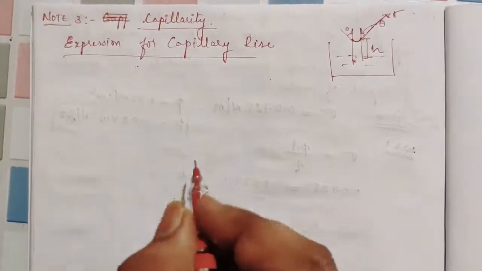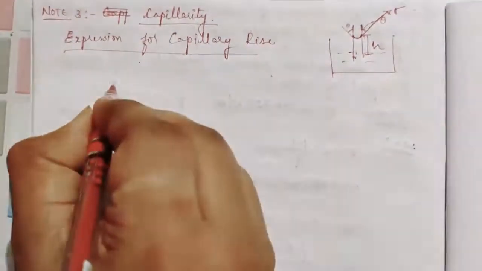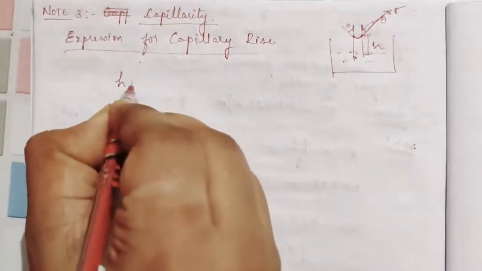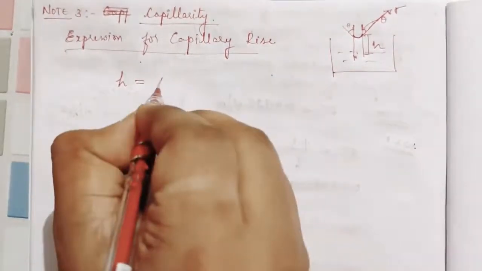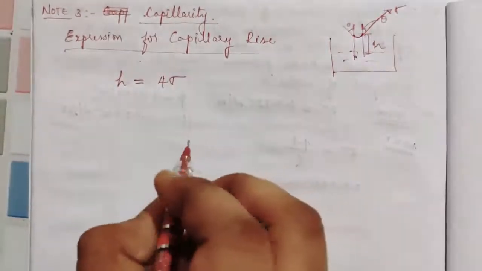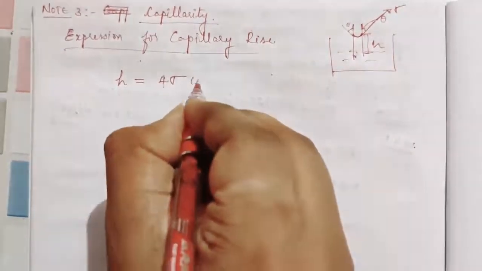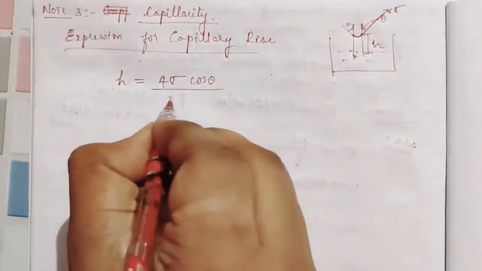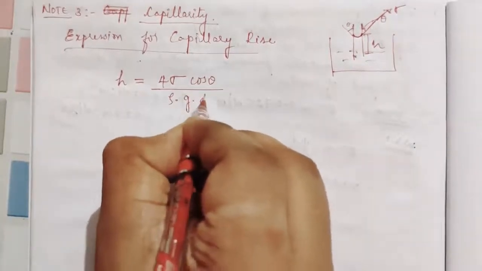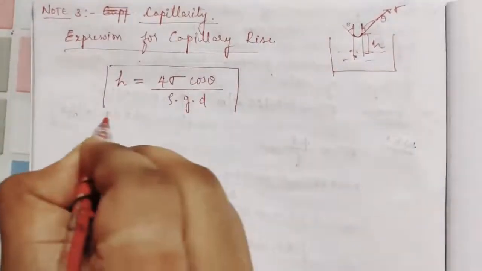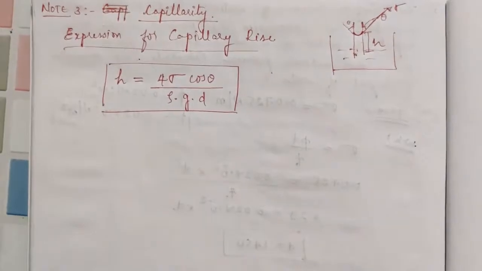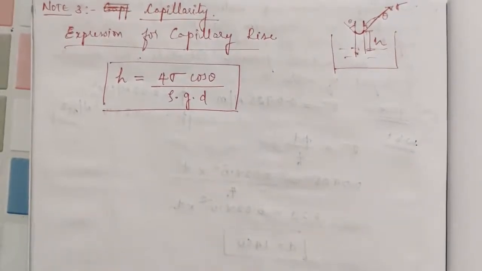What is the formula we discussed? Height of capillary rise H is equal to 4 sigma cos theta by rho into g into d. So this is the formula for capillary rise.